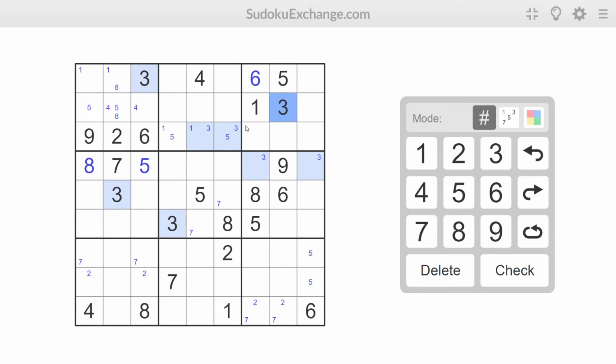Now what we have is a 9, a 2 and a 6, these 3 spots. Now these 3 have sort of a triplet where these cells and only these 3 cells can contain a 1, a 3 or a 5 and nothing else for these 3 spots.